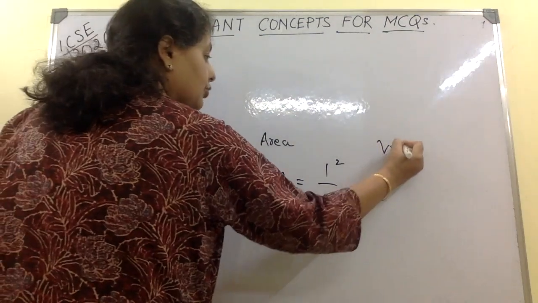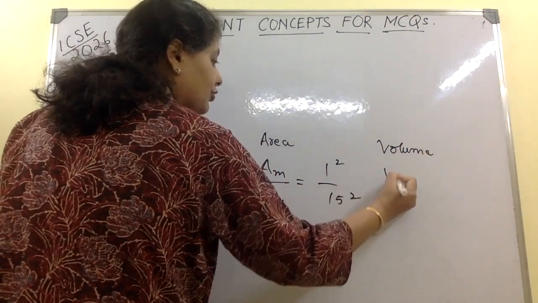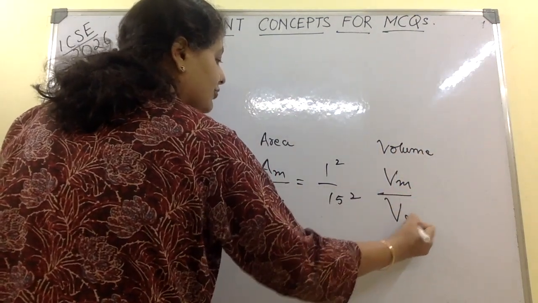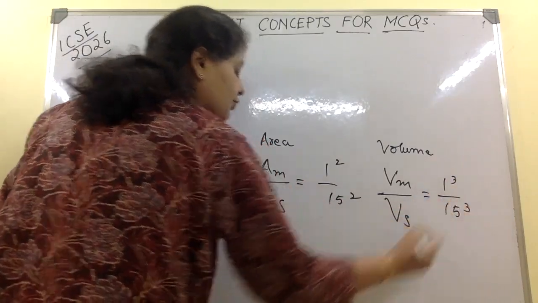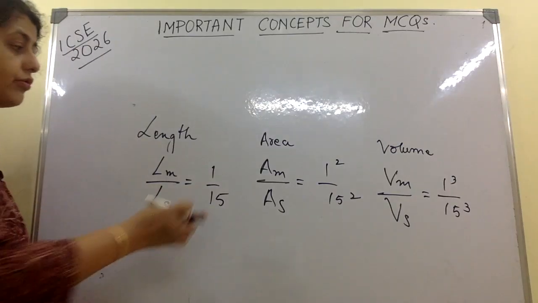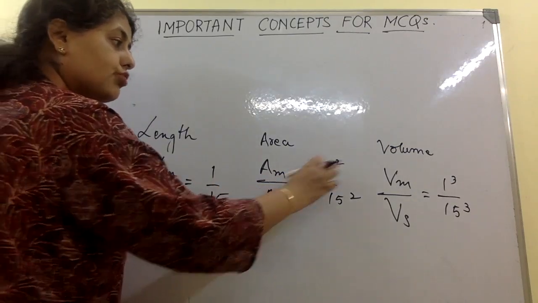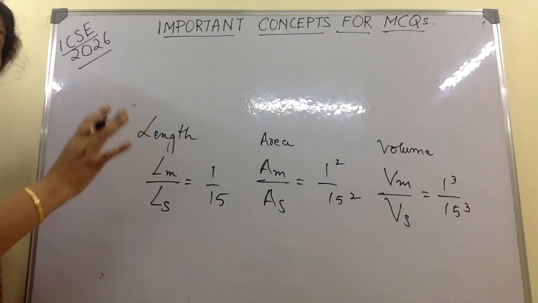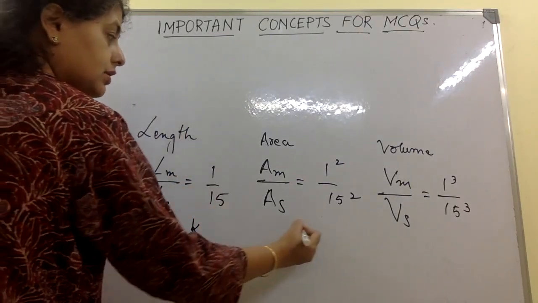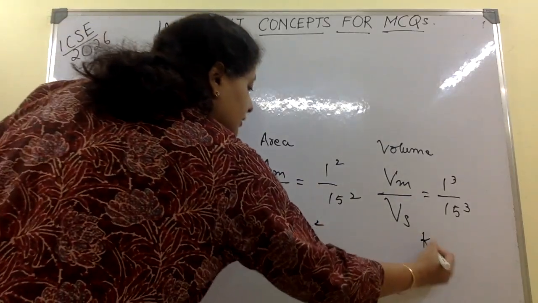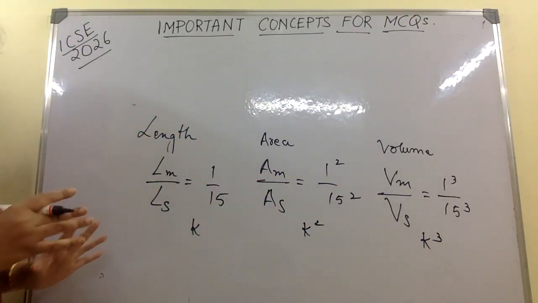And if it is volume of model by volume of ship, then again it is 1 cube by 15 cube. So if you have a 2 here, then this is 2 square and that is 2 cube. So this is plain K you use, here you use K square and here you use K cube.